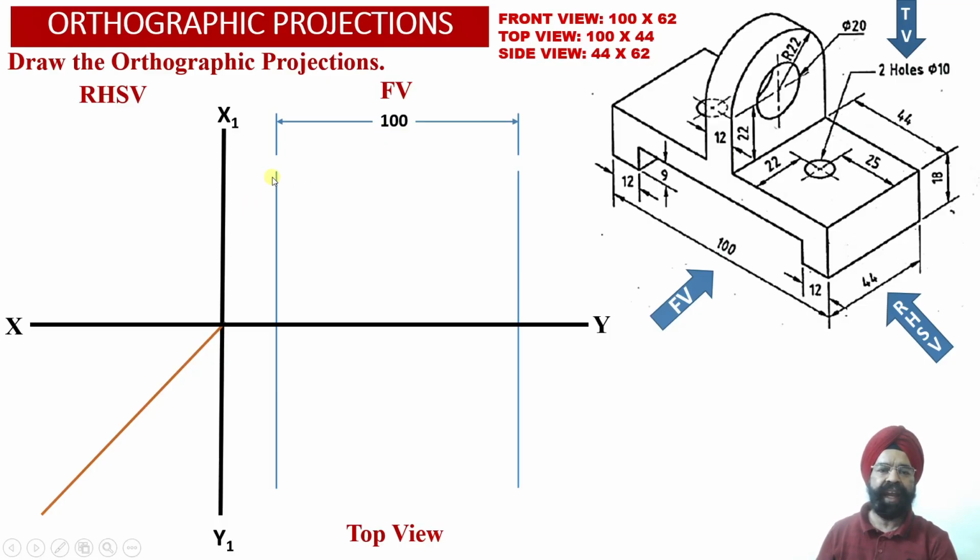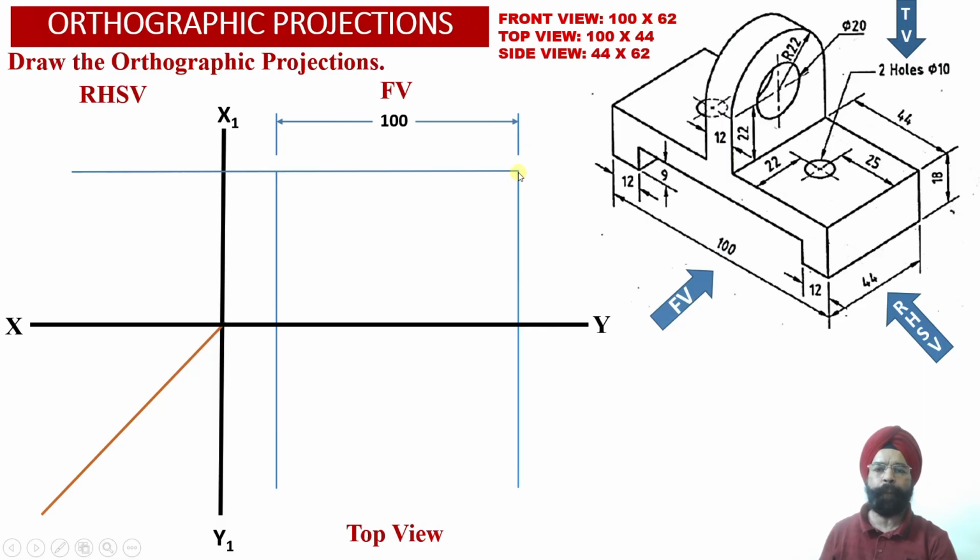We have extended these two vertical projector lines appropriately into the top view projections as well, because in the top view projections also we are going to require the width of the solid equal to 100 millimeter. Now we know that the height of the solid is 62 millimeter.